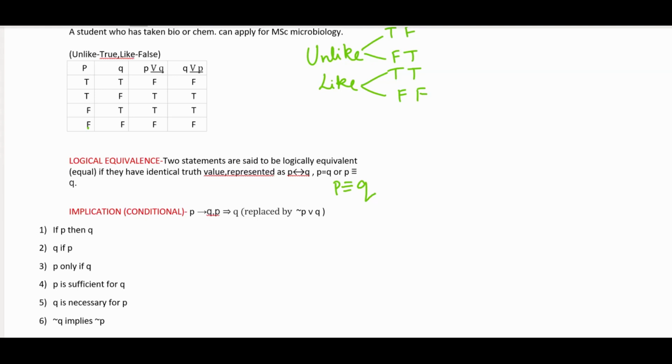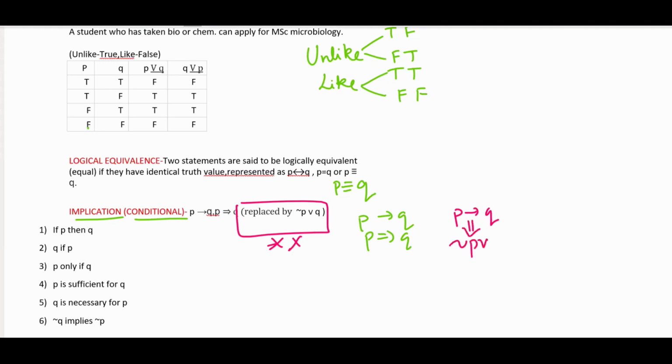Implication or conditional, and this is the symbol for implication. But a very important note is written here. This is a very important point. Whenever you get the implication symbol, the first step is to replace it by the disjunction symbol, because all the properties in this chapter hold only on disjunction and conjunction.